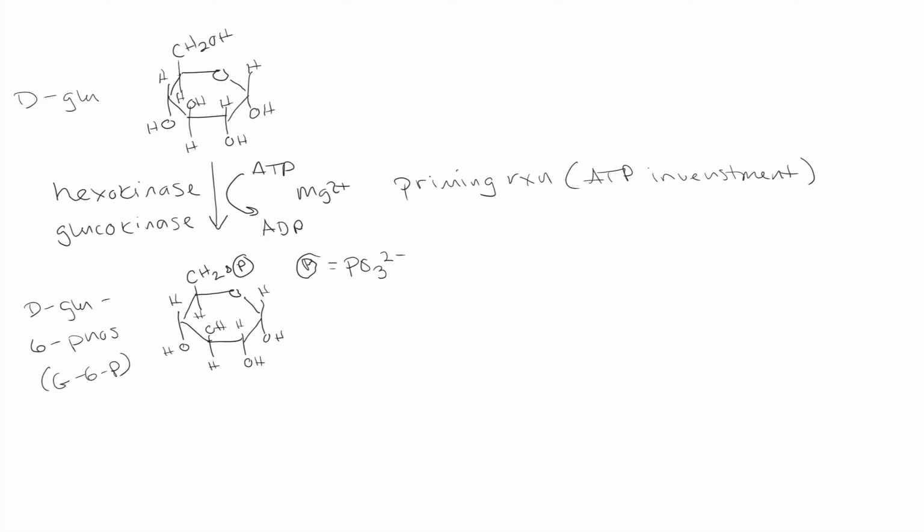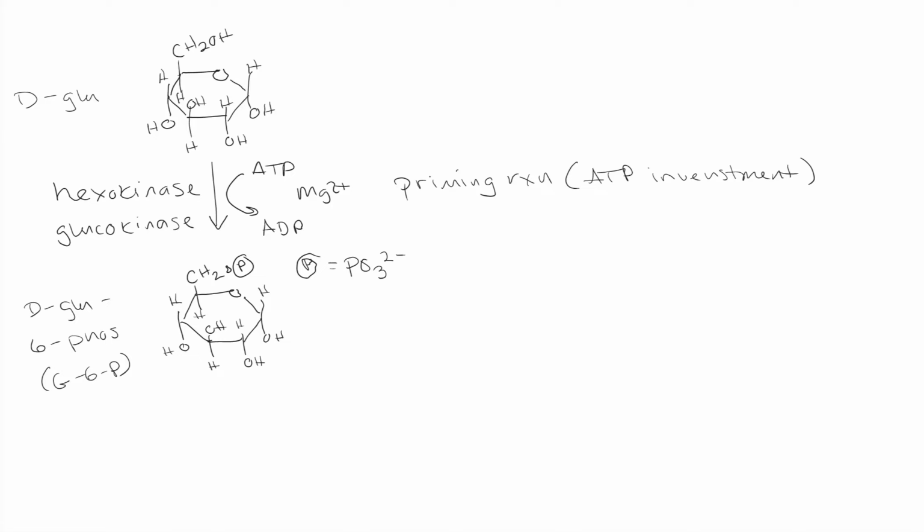So recall that for the overall reaction, because we have 2 priming reactions, each of which requires 1 equivalent of ATP, per glucose molecule, glycolysis requires the investment of 2 ATP molecules, but will get 4 ATP molecules produced. Therefore, netting 2 ATP molecules per glucose. Now, in terms of the energetics, this is not a favorable reaction.